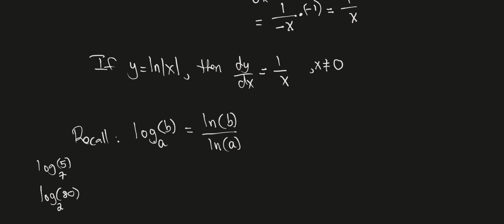So this could be any base here, and now this is our standard or our natural base e, right? So with this simple formula, I can now convert any logarithmic function to the natural logarithmic function. And hence, since I know how to differentiate my natural log function, I will be able to differentiate any logarithmic function, right?